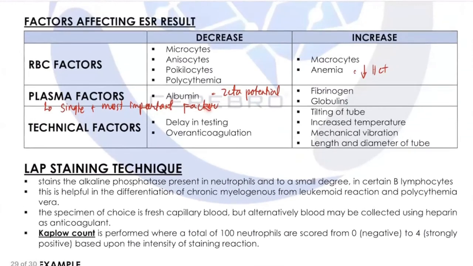So we have here delay in testing. When you say delay in testing, you are not able to perform the procedure right away. And if the testing is delayed, the red blood cells are exposed to the anticoagulant for a longer period of time. That exposure to the anticoagulant will make the red cells crenate. That is the same reason for over anticoagulation.